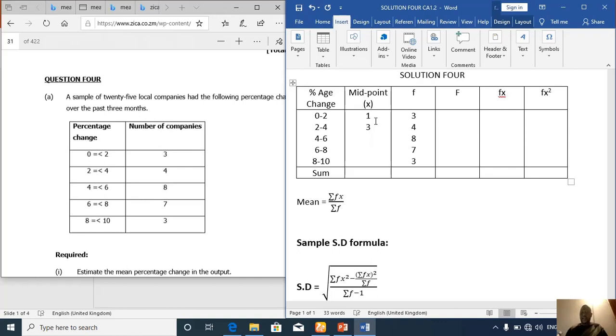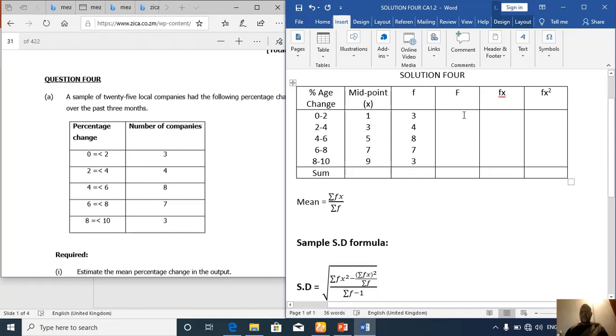So 4 plus 6 divided by 2 is going to be 5. Our 6 plus 8 divided by 2 is going to be 7. And our 8 plus 10 divided by 2 is going to be 9. So we have our x values, which are 1, 3, 5, 7, and 9.